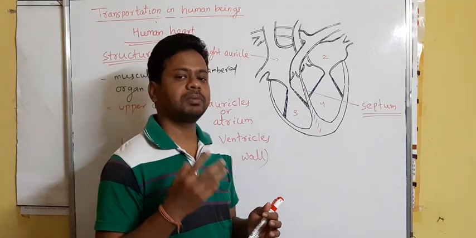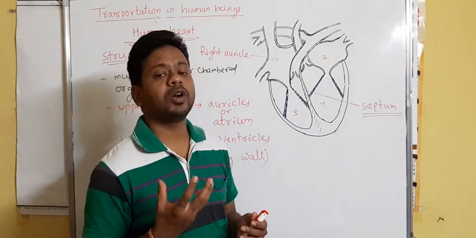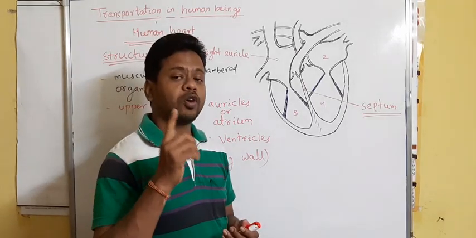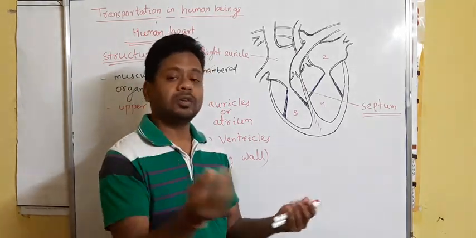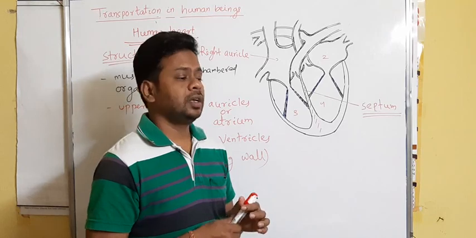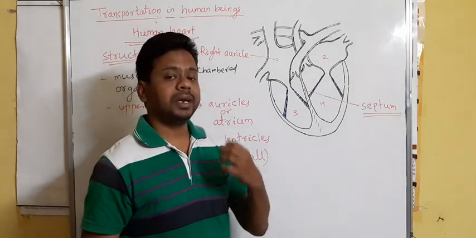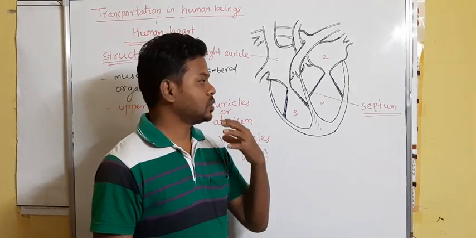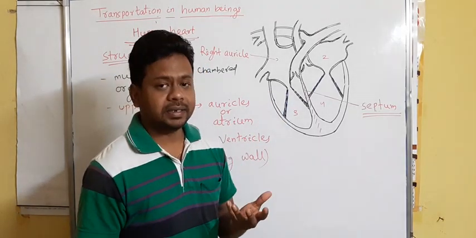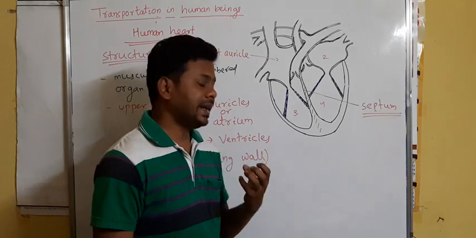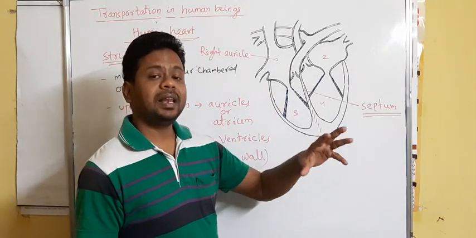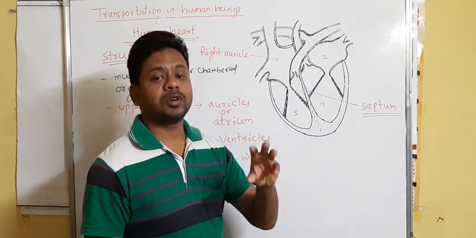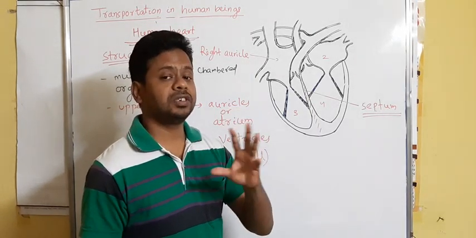You know, birds and mammals are warm-blooded animals. Their body temperature remains constant in all environments. So because they have to maintain the body temperature constant, they need more energy, and to get more energy, the cell or the tissue has to be provided a sufficient amount of oxygen.